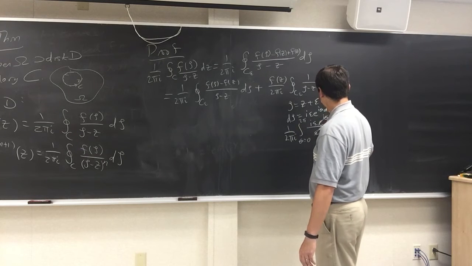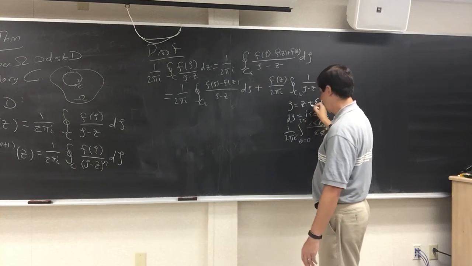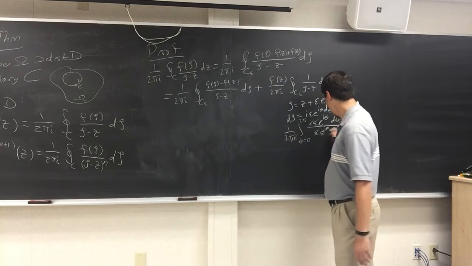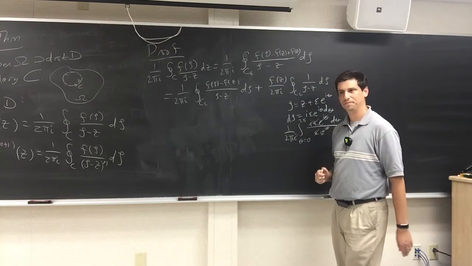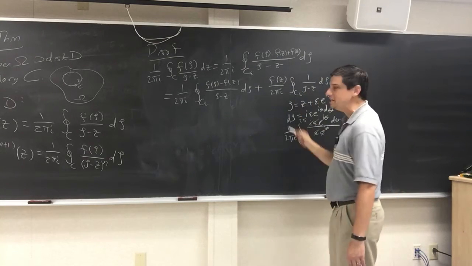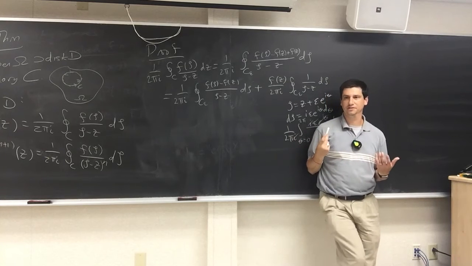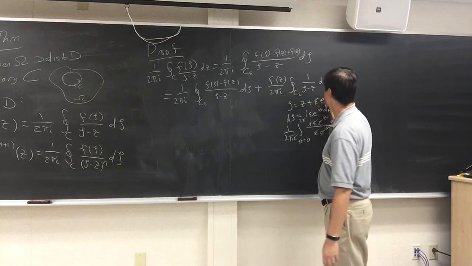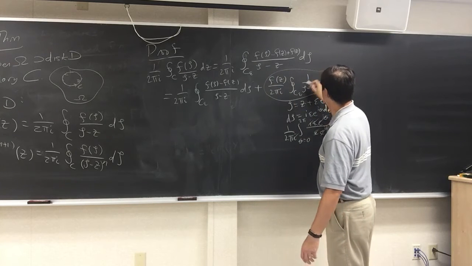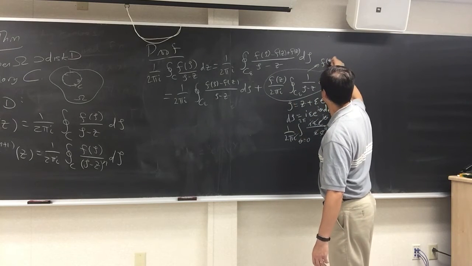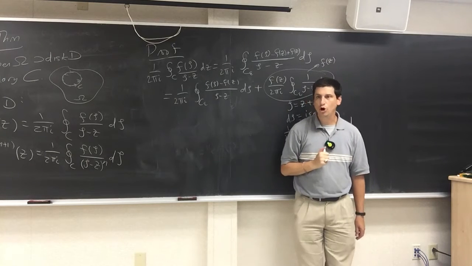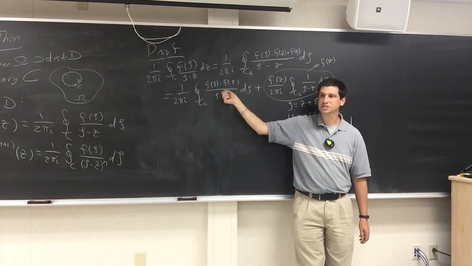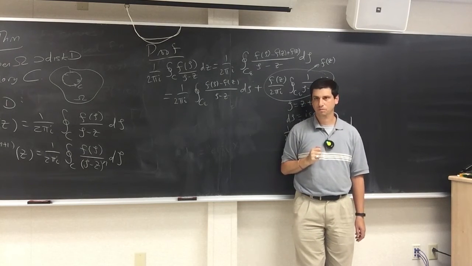The e to the i thetas cancel, the epsilons cancel, the i's cancel. Then you integrate, the 2 pi cancels with the 2 pi, and you get 1. So we're integrating our friend 1 over zeta, essentially. So this part over here is just f of z. So all we have to do is show that as epsilon goes to 0, this goes to 0.